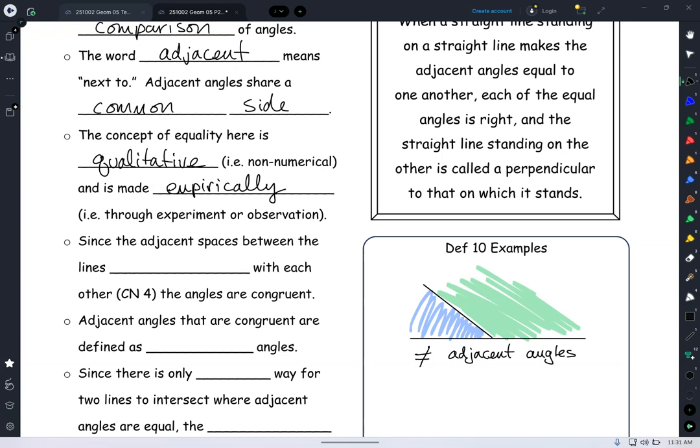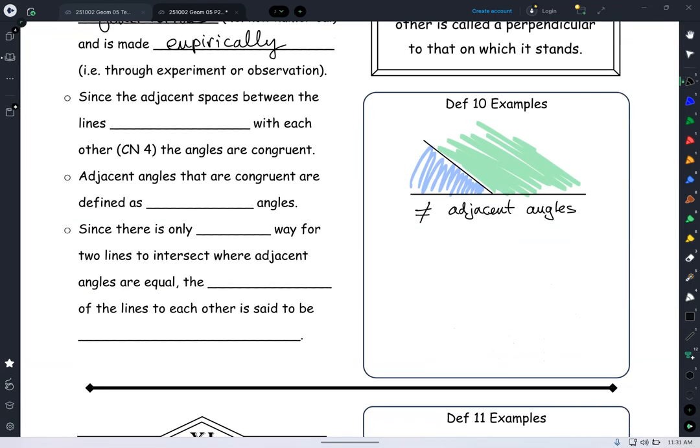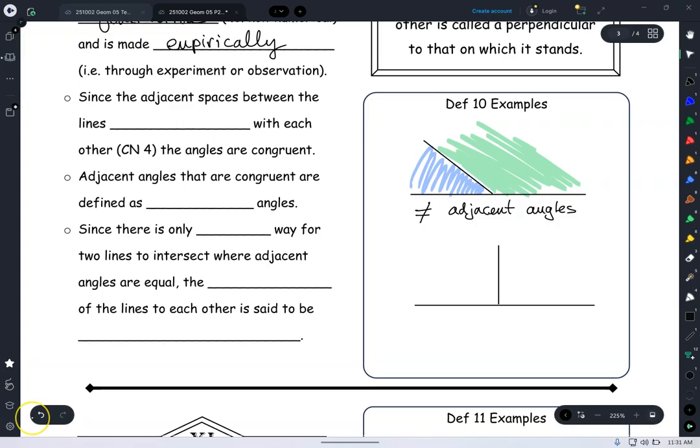But that's not what Euclid's defining in his 10th definition. He's saying when adjacent angles are equal. Well then we need a picture. If this is a counterexample, if this is non-equal adjacent angles, what would it look like to have equal adjacent angles? Here's what I want you to draw next. You have this picture in your mind.